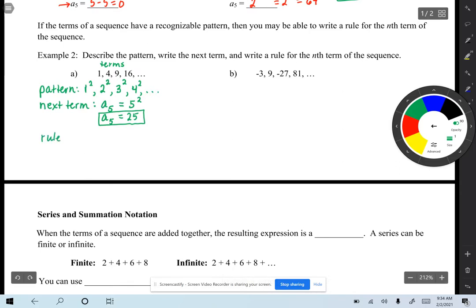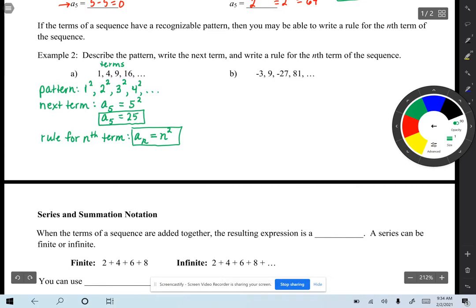That's for any generic term for this sequence. Proper notation for the nth term is a subscript n, so a sub n. So the rule for the nth term is you take the position number. The next one would be 6 to the second. The next one after that would be 7 to the second. So that's changing. So it'd be n raised to the second power. And that's your rule for the nth term.